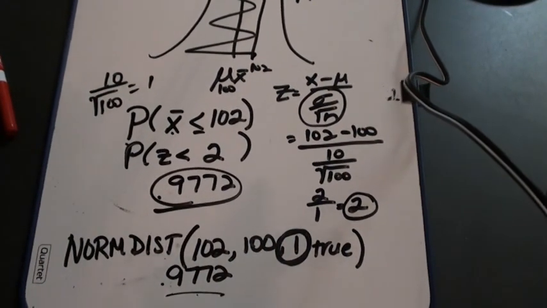If you're confused about how to do that, go back and watch my chapter 6 video, because I go through how to calculate all the different probabilities of the population distribution. Again, the only difference is to use standard error right here instead of standard deviation. I hope that helps you with the sampling distribution portion of chapter 7.